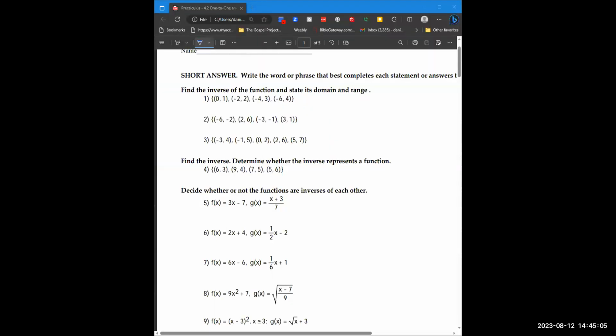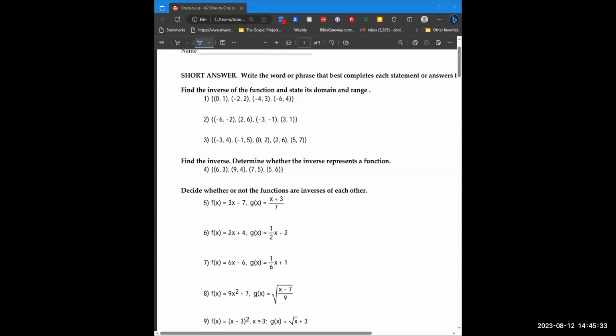Let me throw this whiteboard up over here to help us. So we've got a domain originally of 0, -2, -4, and -6.